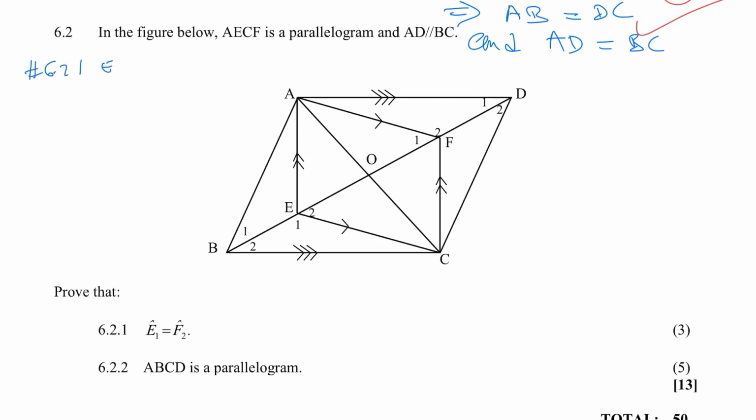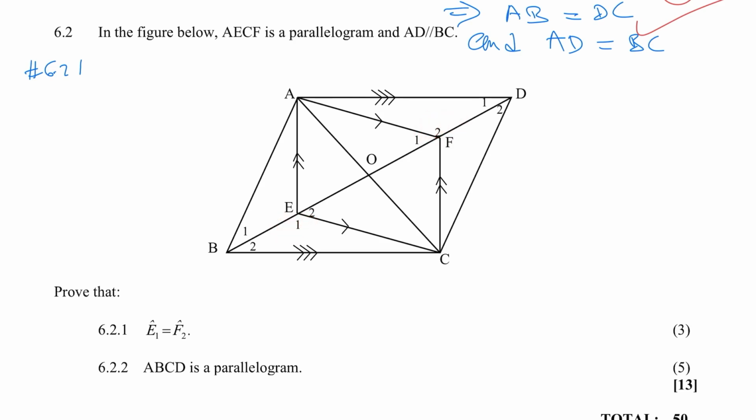6.2.1. So we want to prove that angle E1 is equal to angle F2. So where's E1? This is E1, and this is F2 here. Ooh, it's a lot going on, right?